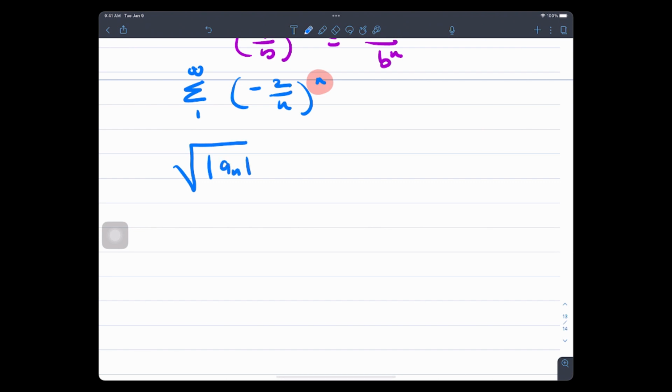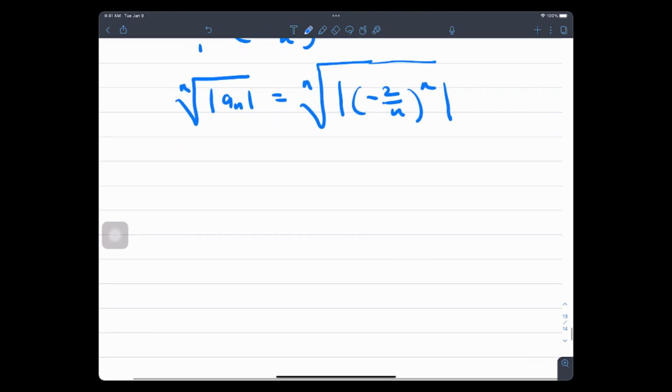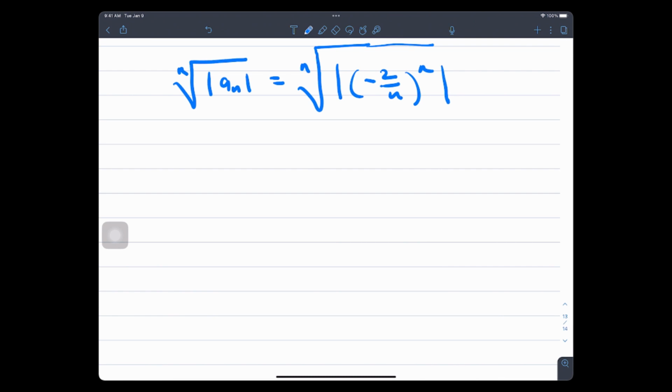So the absolute value of an, the nth root of that, is the nth root of the absolute value of negative 2 over n to the n here. Okay? So now you might say, well, what does this mean here?